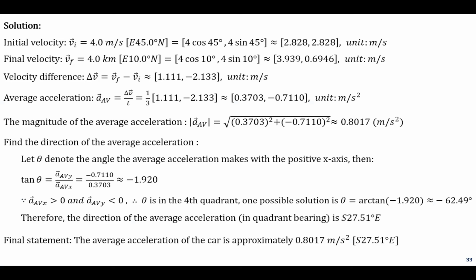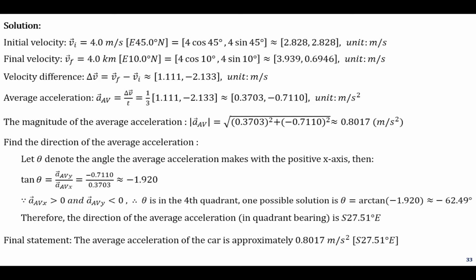Then if you know the two components of the average acceleration, you can find the magnitude of the average acceleration, right? The magnitude of the average acceleration is the square root of the squared x component plus the squared y component, and this gives us approximately 0.8017 meters per square second.